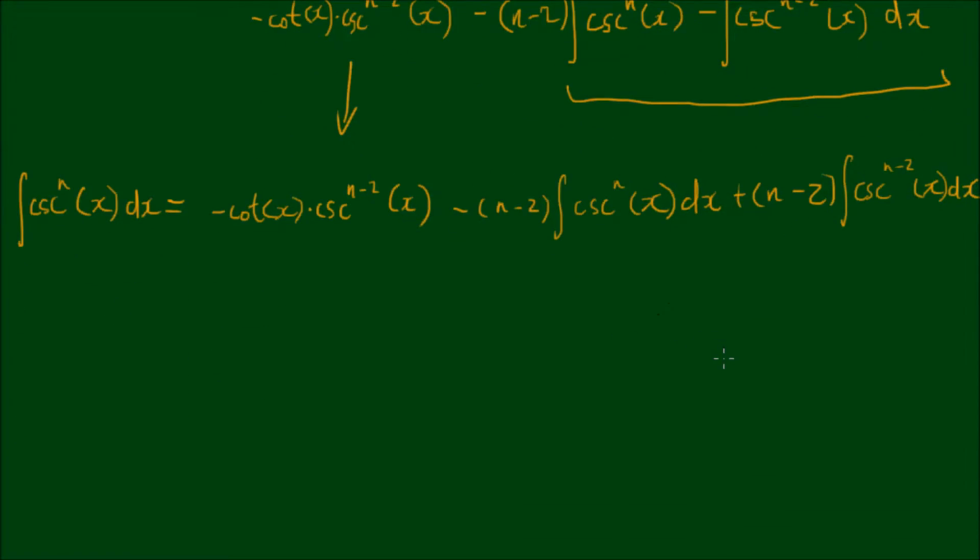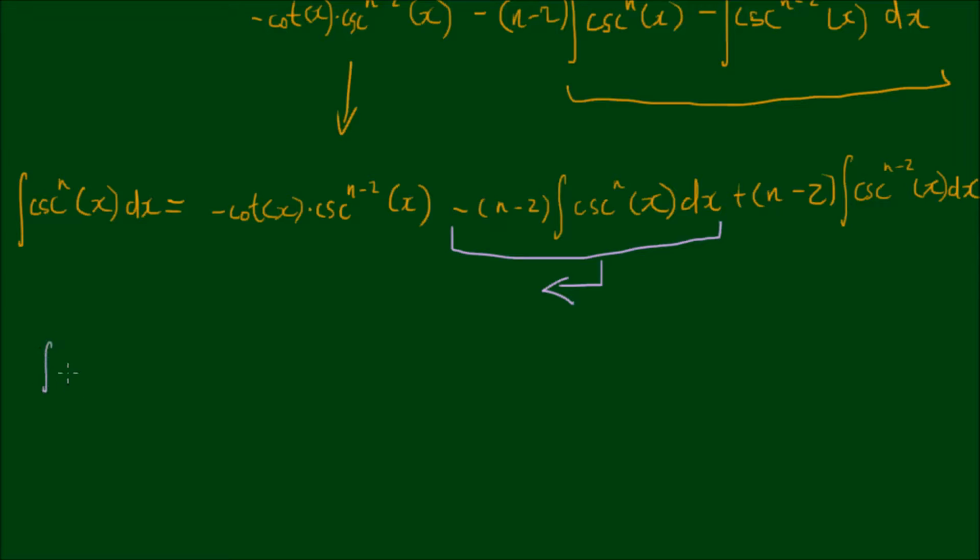Okay, so what do we do now? Well, we have an nth power of cosec here and an nth power of cosec on the right hand side as well, and a coefficient at the front. So let's bring all of the cosec to the nth powers to the other side.